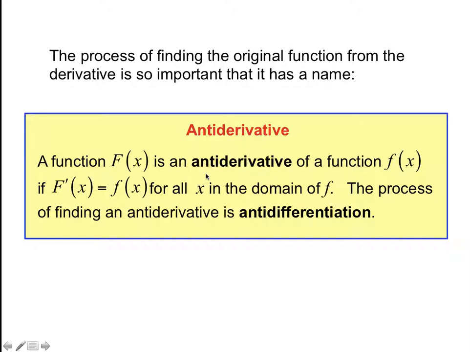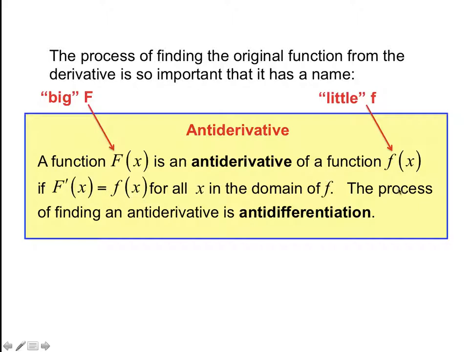A lot of times we distinguish between the function and its derivative just by capitalizing the f in the function notation. So typically when we use a big F, we're referring to the function, almost like a parent function, I guess you could say. And then the derivative is little f. We read this antiderivative definition as follows: a function big F of x is the antiderivative of a function little f of x if we take the function big F and differentiate it, and we get function little f.